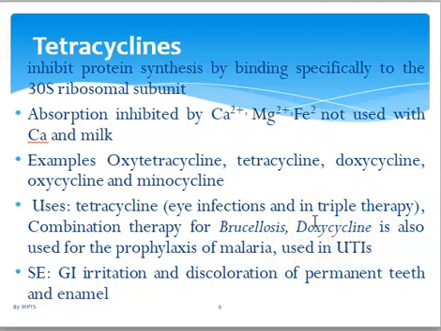Side effects are GIT irritation and discoloration of permanent teeth or enamel. That's why they are contraindicated in pregnant women and children below the age of 8 years. But why do we use the ointment? Because it acts topically.